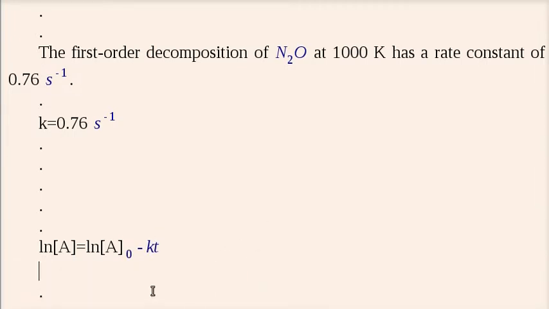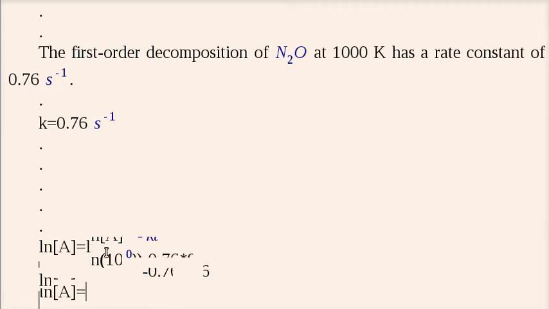So if you are starting from this point, you know everything on the right side, and you can simplify all that to a number. Natural log of stuff, you plug it in, you get a number.